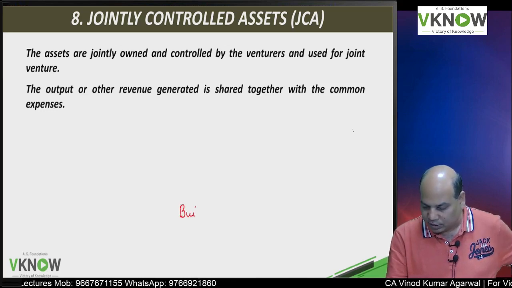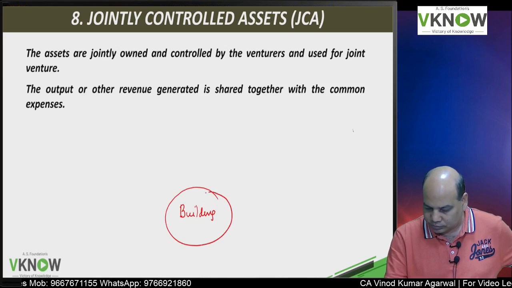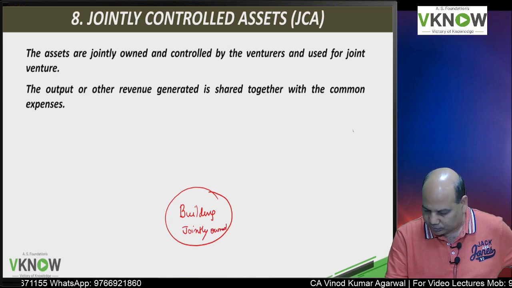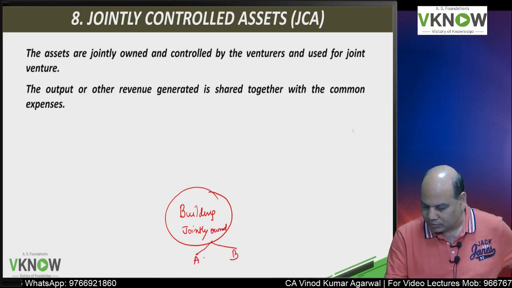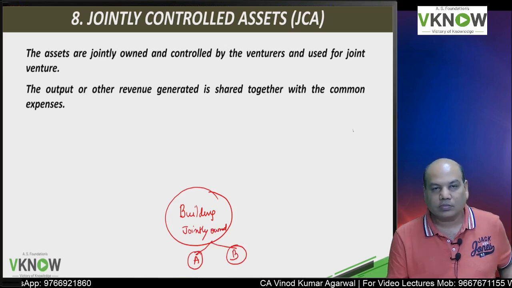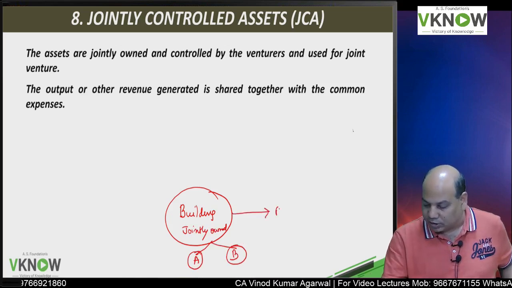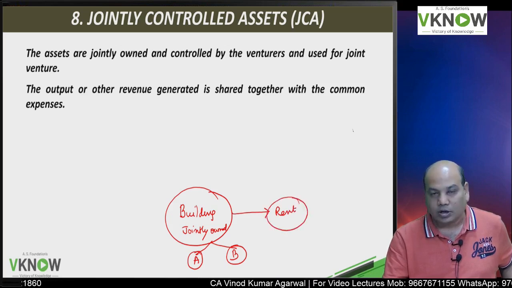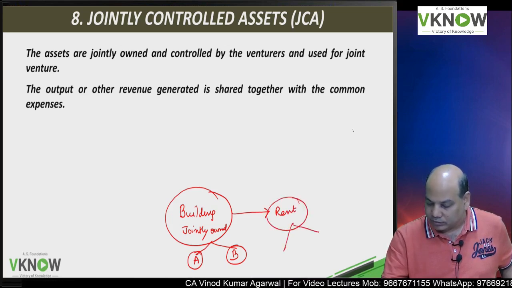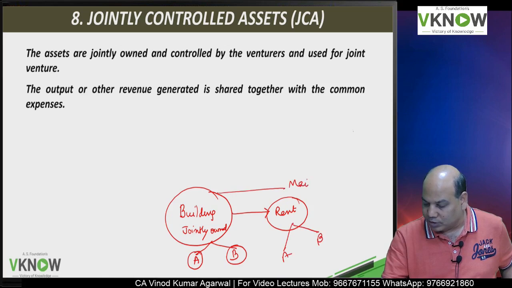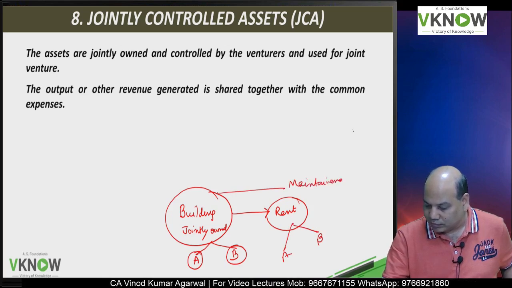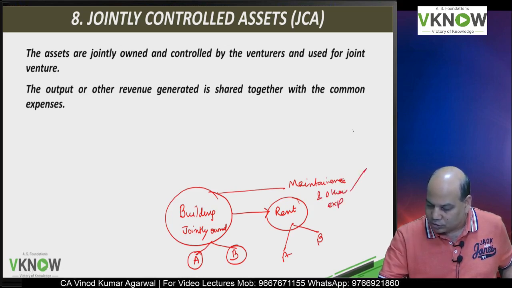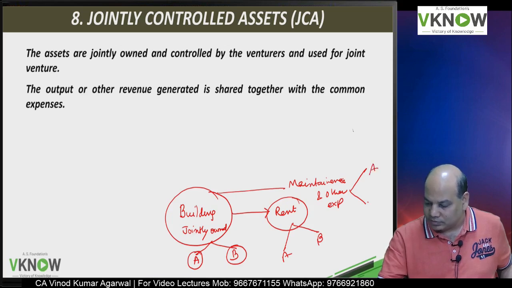For example, a building will be jointly owned by two parties A and B. They may jointly own, they may rent it out, and whatever rent will be received will be shared by A and B. Whatever maintenance and other expense will be incurred, that will also be shared by these two parties as agreed.